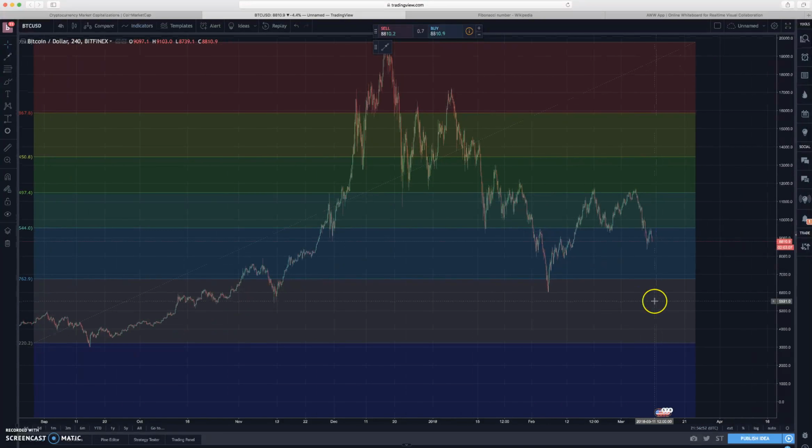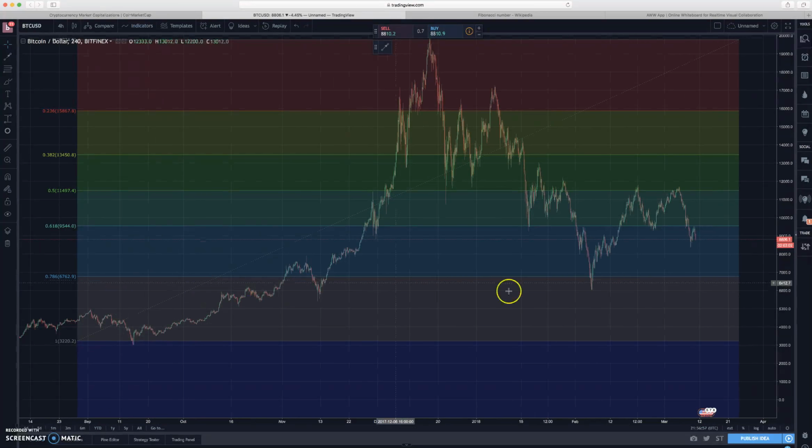So the next buying opportunity for me is going to be back here at this 0.786 line. And as you can see, previous congestion is a good spot for support in the future. And so you may want to ladder in this region here if you're using this fib retracement tool.